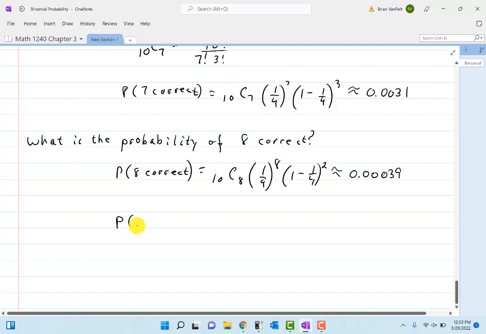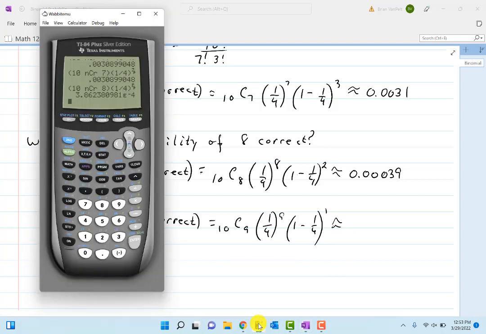While we're at it, what's the probability of 9 correct? That's going to be 10C9 times 1/4 to the 9th times 1 minus 1/4 to the 1st. And let's go ahead and have the calculator do that. So that now is going to become a 1.